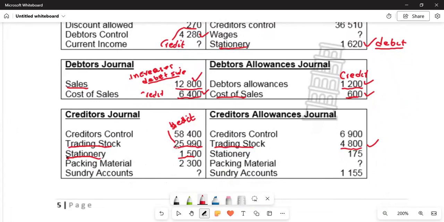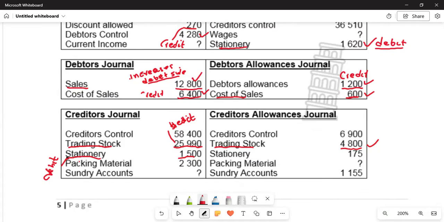Remember, when we bought the stationery by cash it also increases on the debit side. Whether we bought it on cash or on credit, it still goes on the debit side of our stationery account.